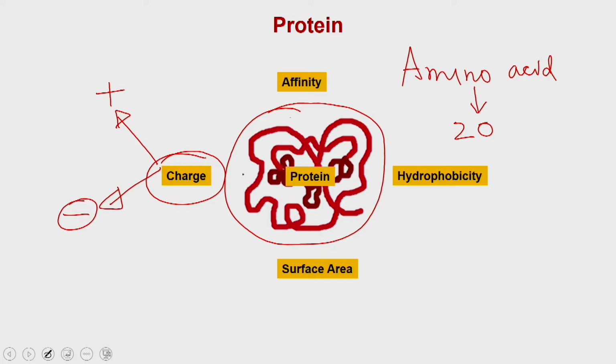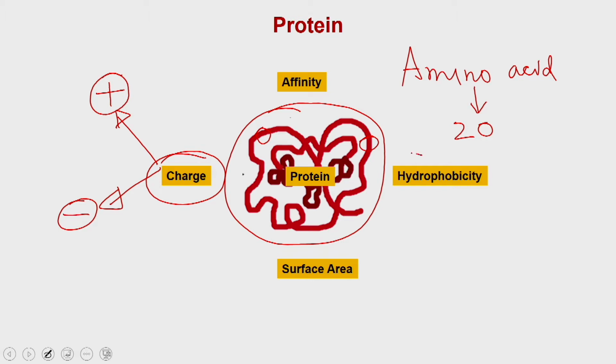Not only the charge, but the distribution of these charges on the protein may also vary between two different proteins, and accordingly their affinity for the matrix could also be different. So, the charge is one of the properties which can be exploited for chromatography.